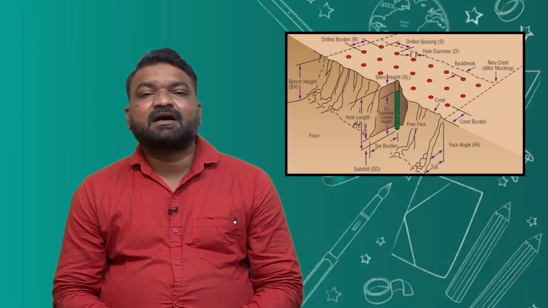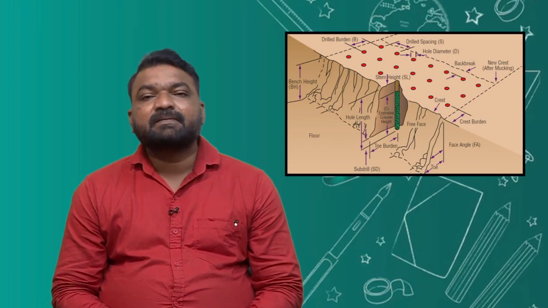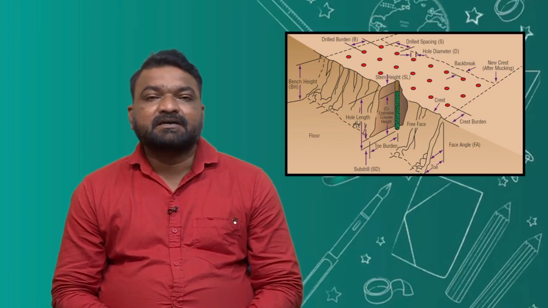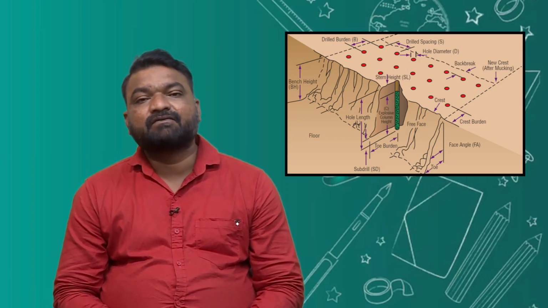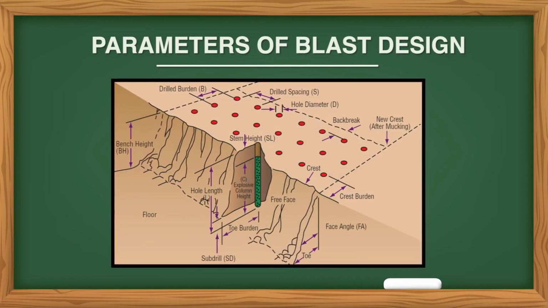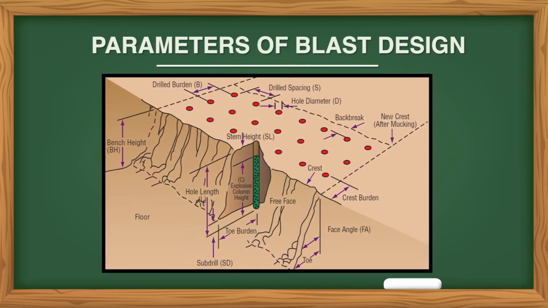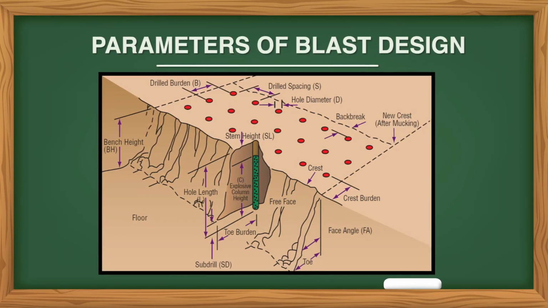In the figure, all the parameters are shown, like spacing, burden, angle of face, free face, subgrade drill and successive drill holes, toe, crest, etc. These are the whole parameters shown in this figure, and the topmost strike line shows the bench.